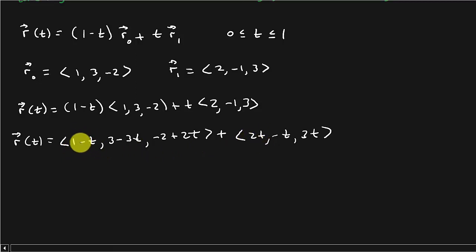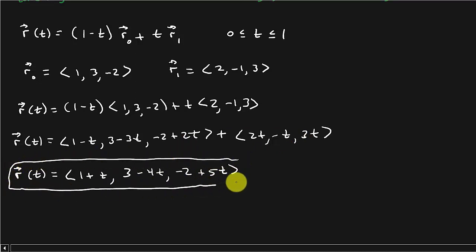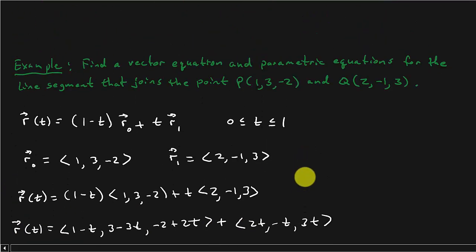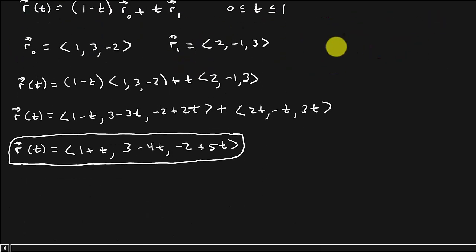So I've got 1 minus t plus 2t. I'm adding the first components together, so I get r(t) is equal to 1 plus t, since negative t plus 2t is t. And then add these: that's going to be 3 minus 4t, because negative 3t minus t is minus 4t. And then negative 2 plus 5t, since 2t plus 3t is 5t. And there's your vector equation.